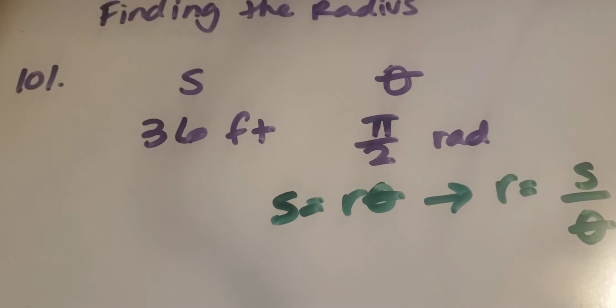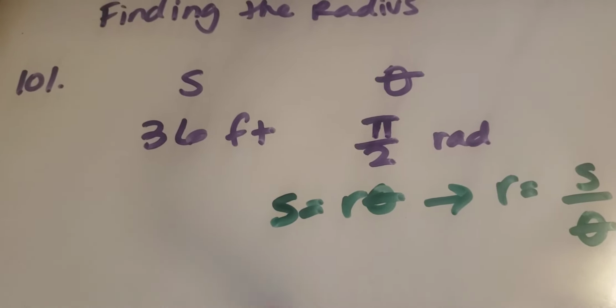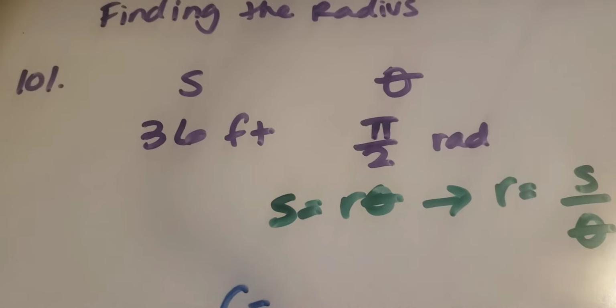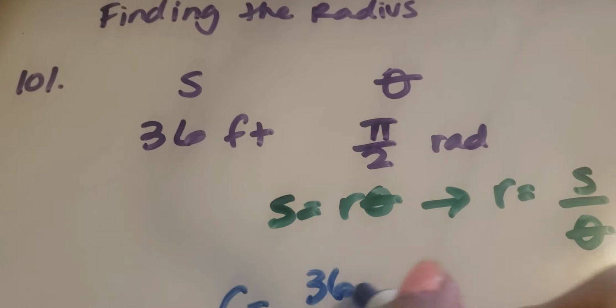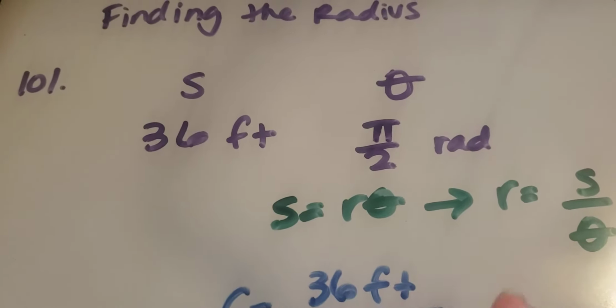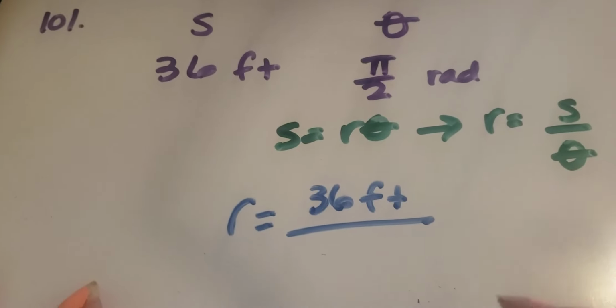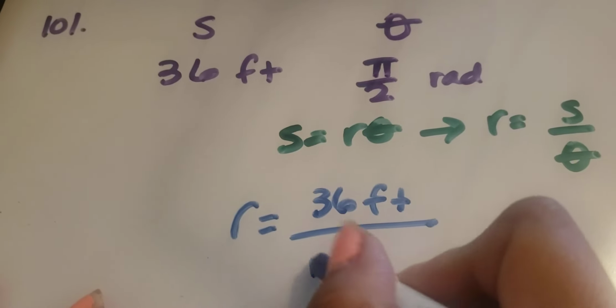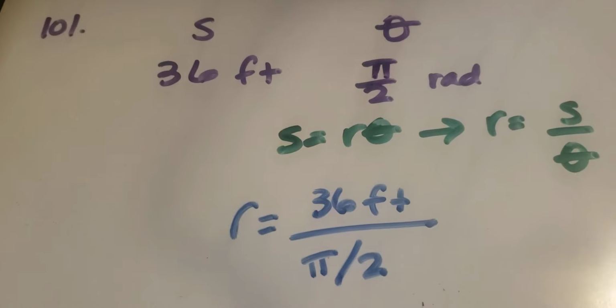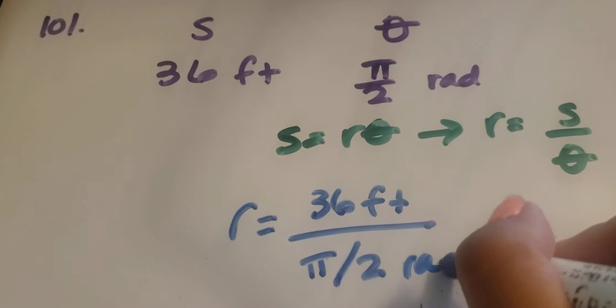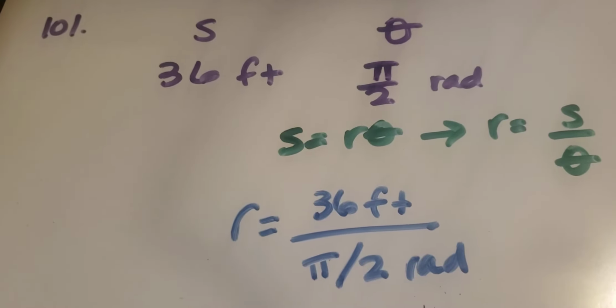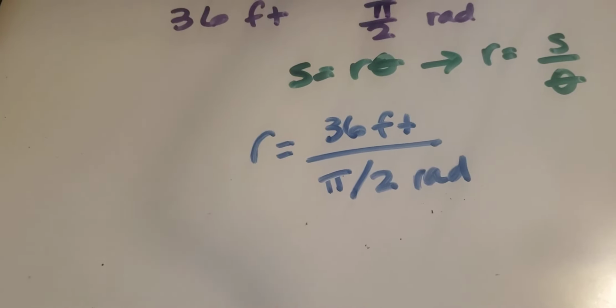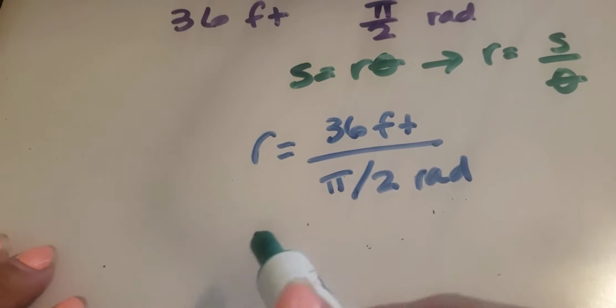So I should have r equals 36 feet divided by pi over 2 radians. And I'm going to show you that I can work this out. I don't need a calculator.